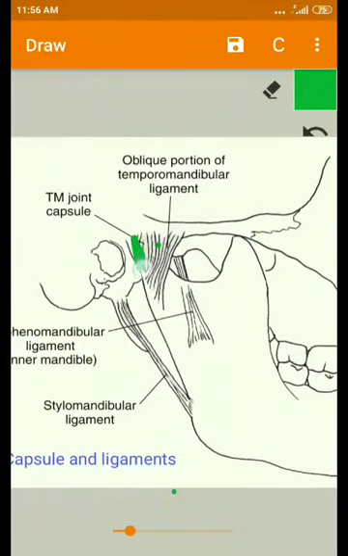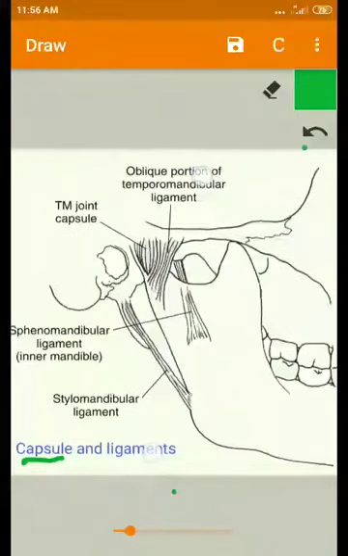Because of its innervation, it always sends impulses about the position and the movement of the joint. So this is about the capsule of the temporomandibular joint.